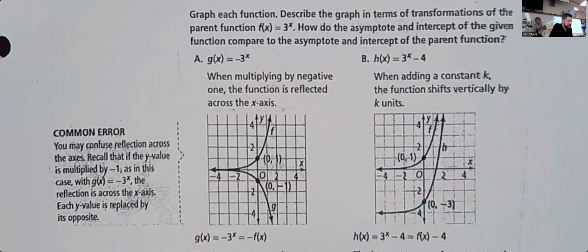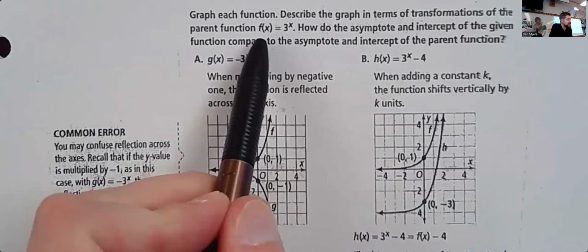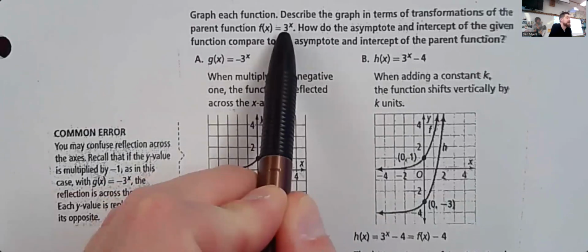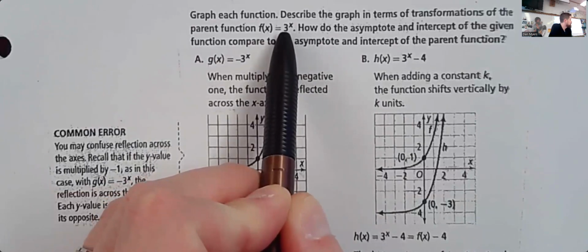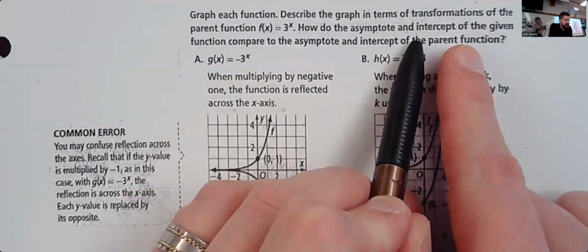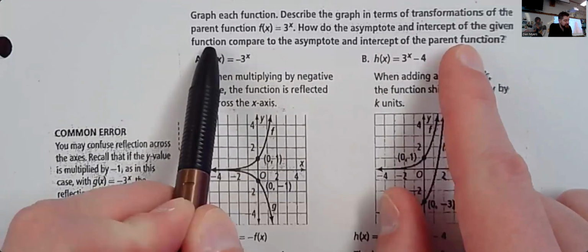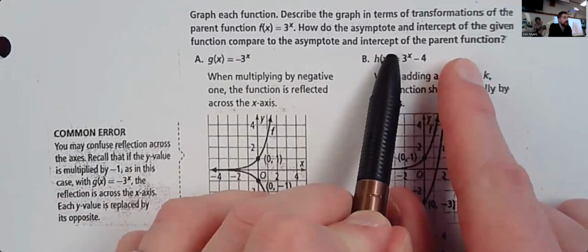So, right here, example 2 says to graph each exponential function, which they're already graphed. Describe the graph in terms of the transformations of the parent function f of x equals 3 to the x power. This is the one that we saw on the front page with the warm-up. How do the asymptote and the y-intercept of the given function compare to the asymptote and intercept of the parent function?